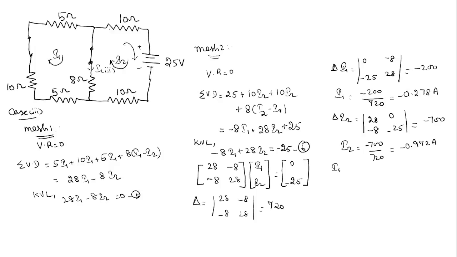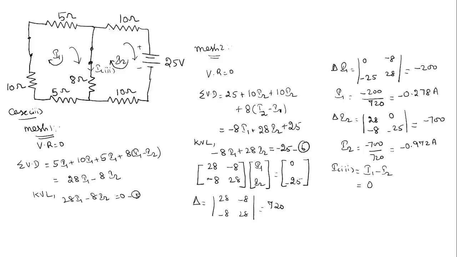Now the current in the third case. This I suffix 3 will be again I1 minus I2 only, because I1 and I suffix 3 are in the same direction, and I2 is in the opposite direction. So we have to subtract I2 from I1.